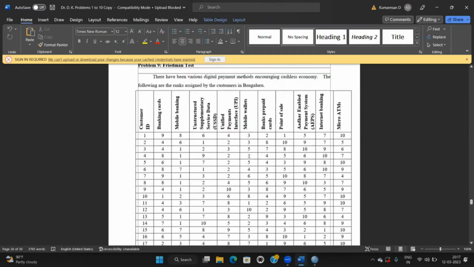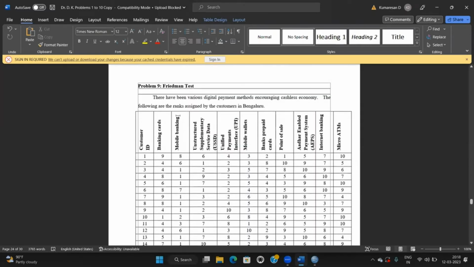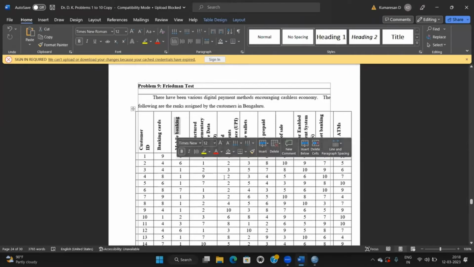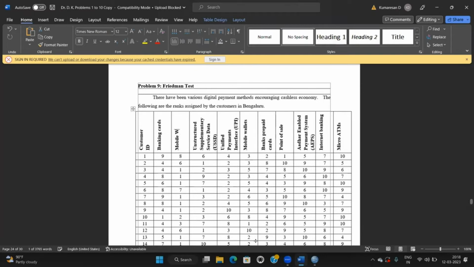I think this is mobile wallets. You just change this, and this is mobile banking. Just look at the data.